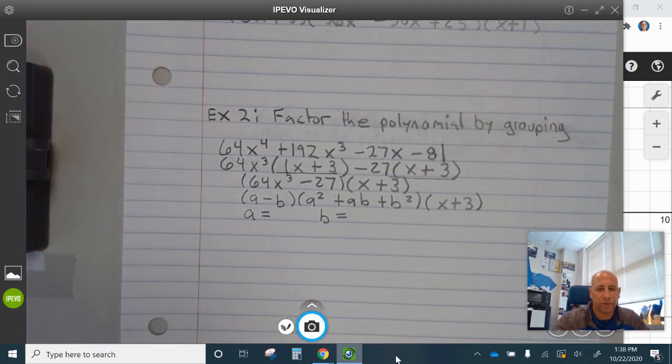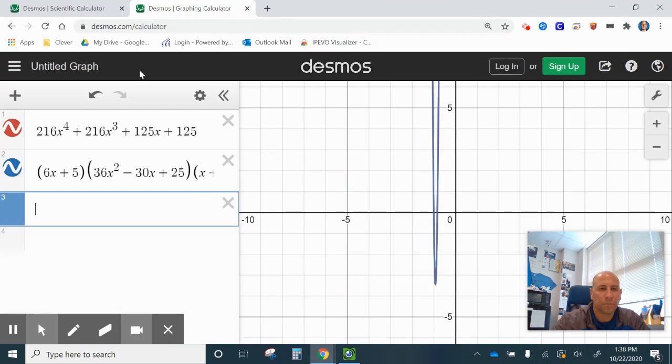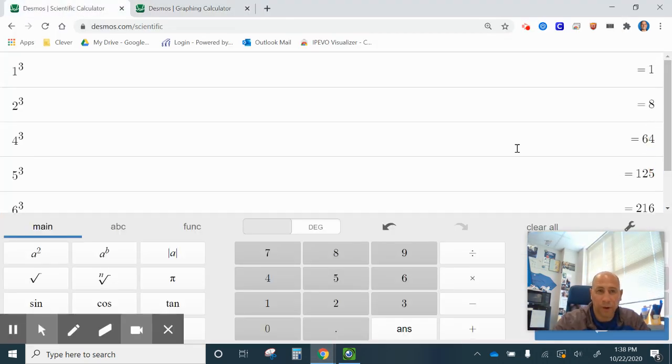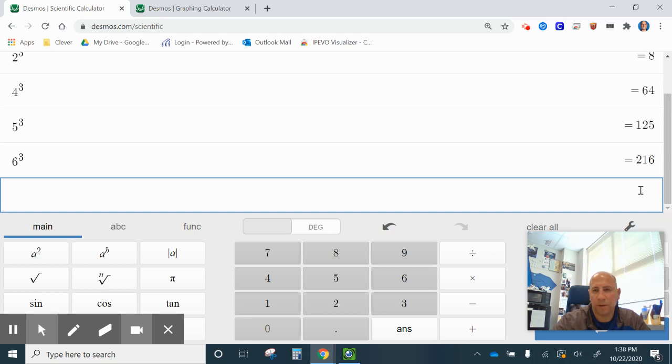So let me go back to Desmos. And we actually have here, we know that 4 cubed gives us 64. And it looks like, oh, you know what? I forgot. I did 1 cubed, 2 cubed. I didn't do 3 cubed. So let me come down here. 3 cubed is 27.